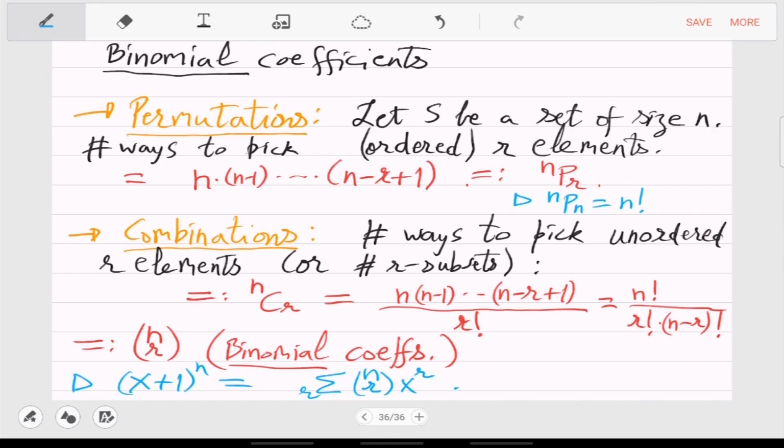Okay, so it has both algebraic and combinatorial motivations, and that will be helpful. So yeah, those are the traditions. So the tradition is that n choose 0 is defined as 1.